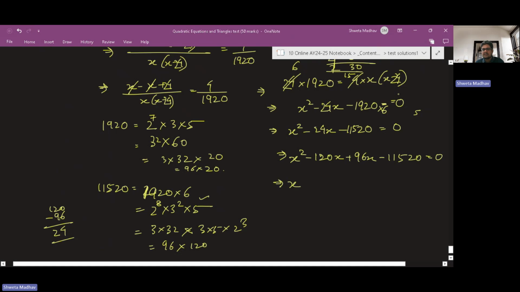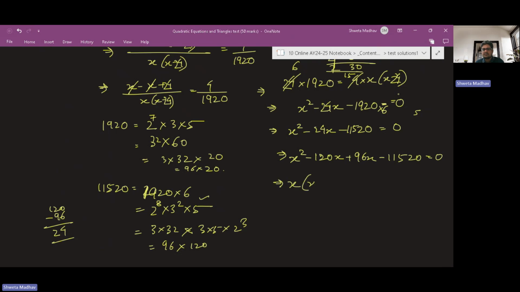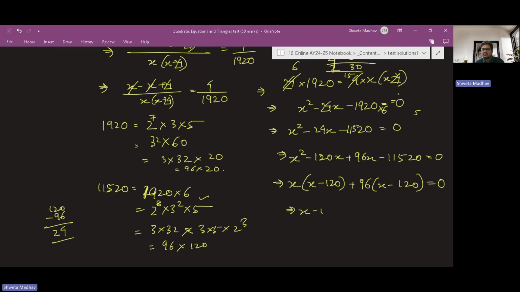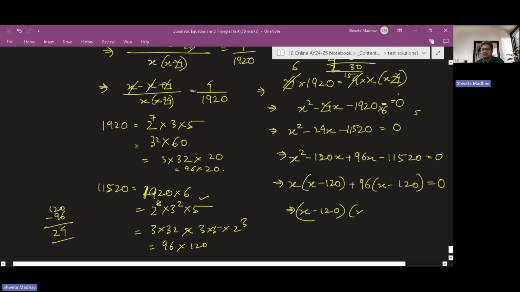We can take x as common from the first two terms. So x into x minus 120 plus 96 into x minus 120 is equal to 0. So x minus 120 into x plus 96 is equal to 0. So then x equals minus 96 and 120.